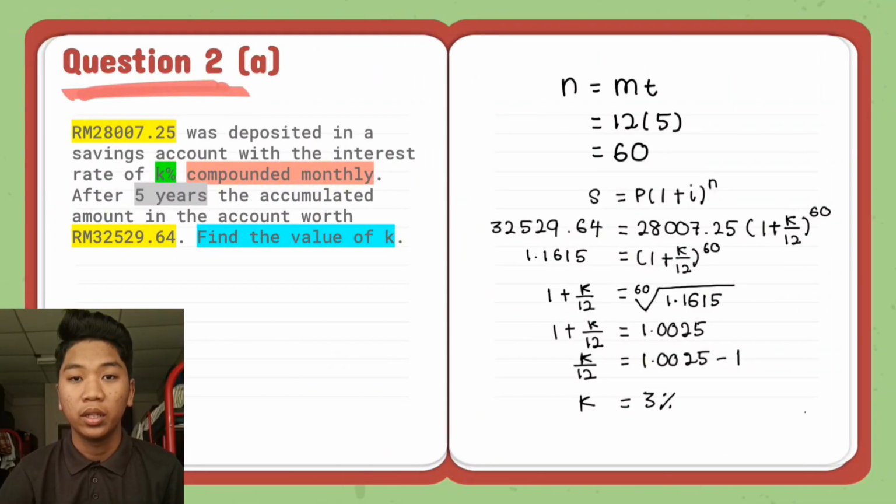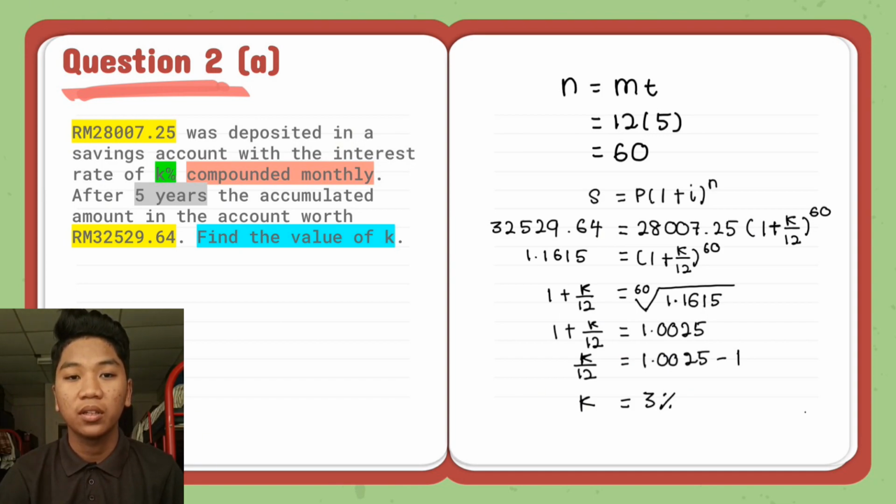For question 2A, RM28,007.25 was deposited in a savings account with the interest rate of K% compounded monthly. After 5 years, the accumulated amount in the account was worth RM32,529.64.